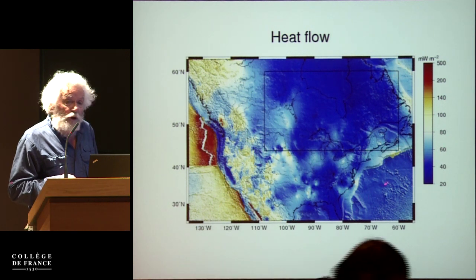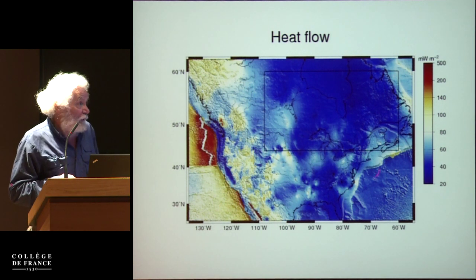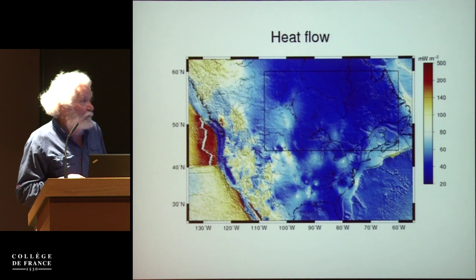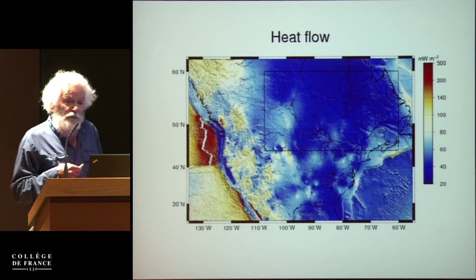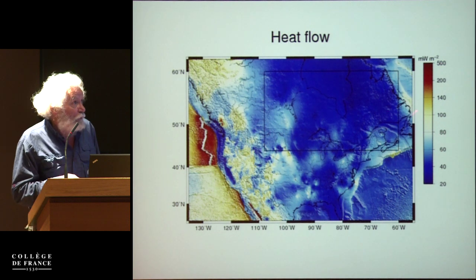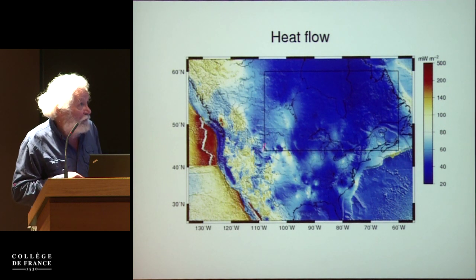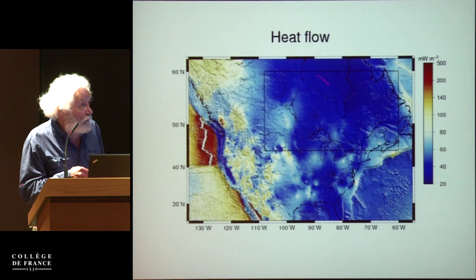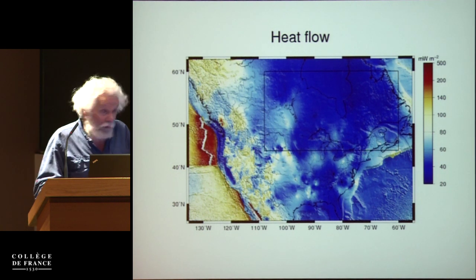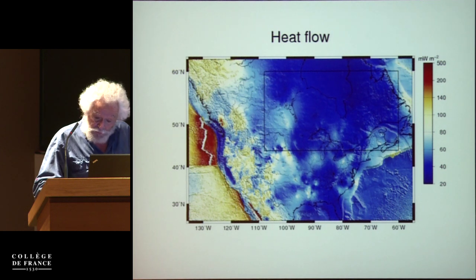The Atlantic margin is old and cold. The western part of North America is active and hot, and nothing much happened in the eastern part of North America, which is very cold. Canada is coldest, and I'm going to focus on Canada, essentially the southern part of the Canadian Shield.